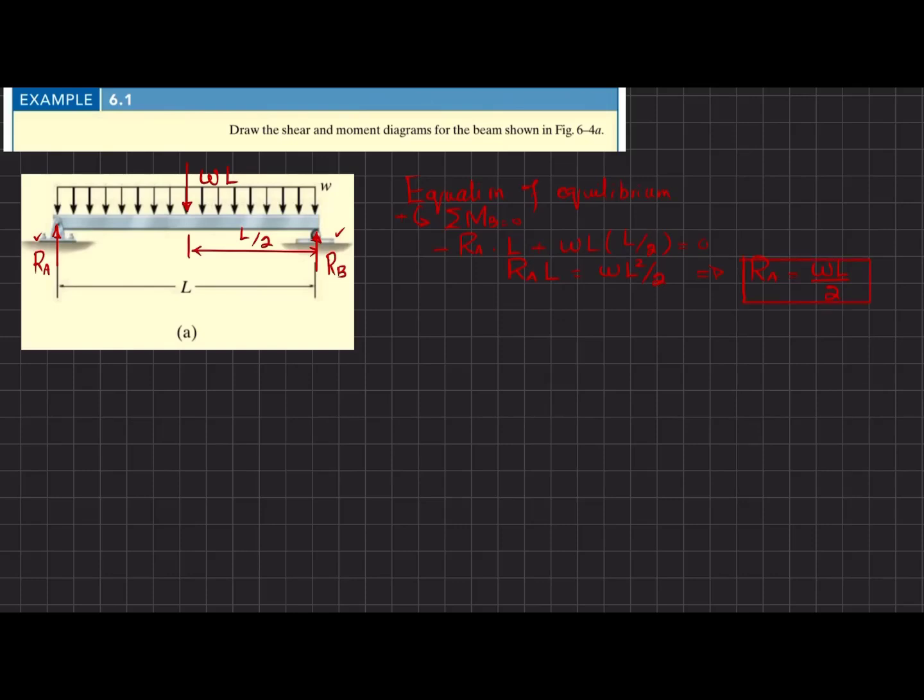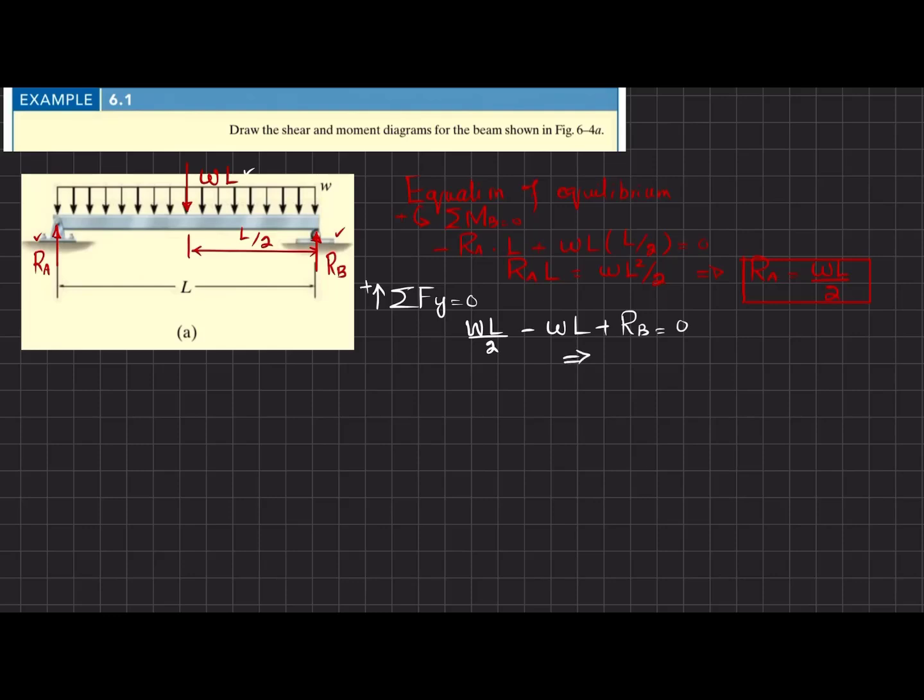Now we will move to another equilibrium condition: the sum of all forces along the y direction must be equal to 0, with upward force taken as positive. You can see we have three forces: one is RA, the second is RB, and the third one is w into L. Their sum must be equal to 0. So RA, which is wL over 2, minus w into L, plus RB is equal to 0.